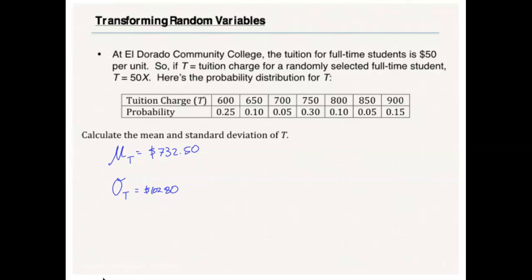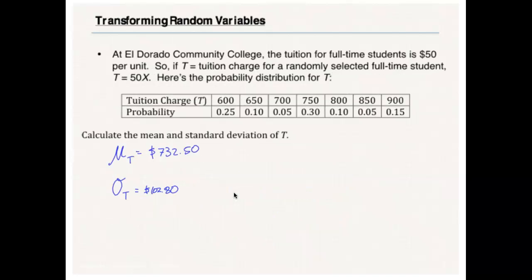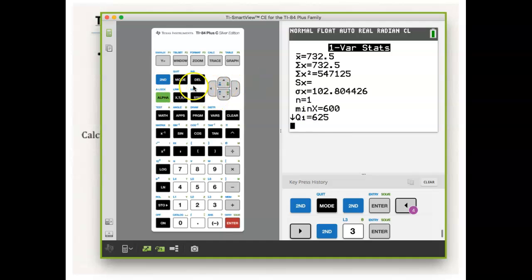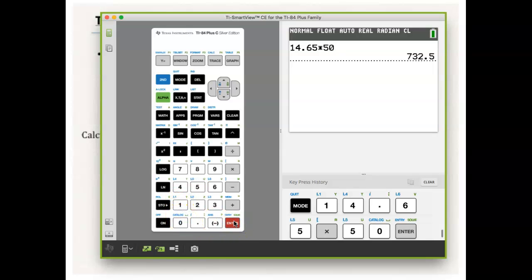The thing I want to point out is the relationship between the mean tuition and the mean number of credits. If you just take this 14.65 and multiply it by 50, boom, notice that we get our mean tuition, right?